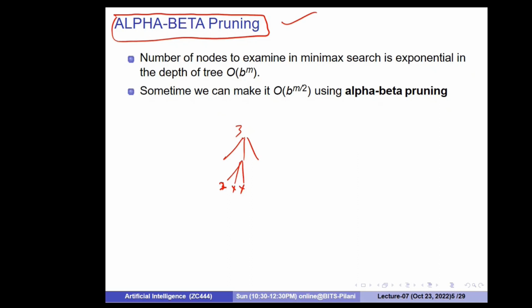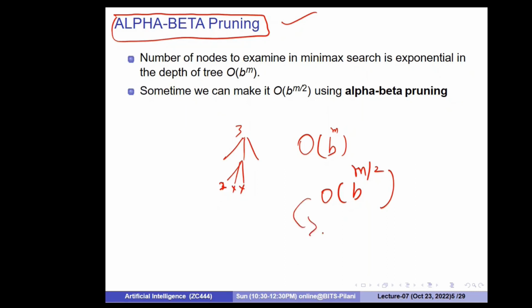By this, what happens now? Earlier, if the branching factor was b, your complexity was order of b to the power m. Now your complexity would be b to the power m by 2, because half of the items you expect that you are not going to expand.